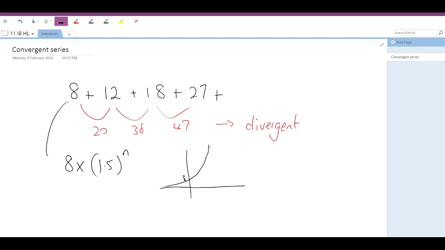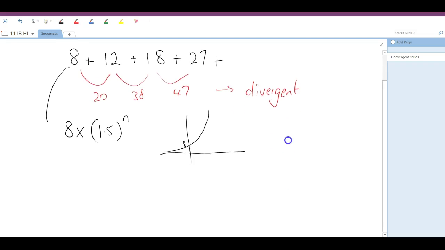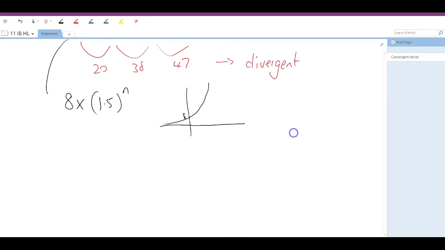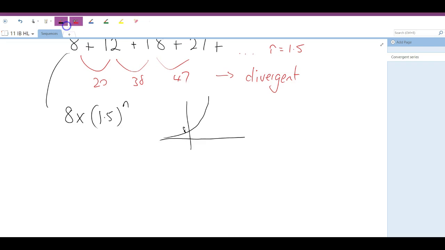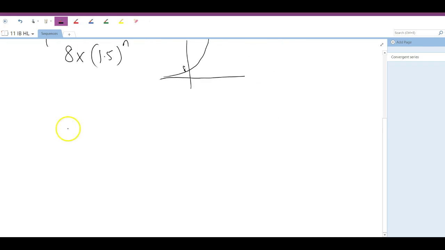So what we end up with here is that's divergent, for r equals 1.5, okay, make that note. Let's say that we take another sequence and we look at smaller values.